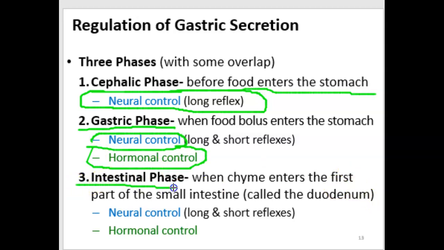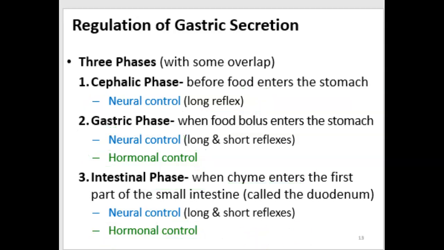Then in the intestinal phase, although gastric secretion continues for a little bit right after chyme enters the small intestine, eventually the stomach needs to be told to stop secreting gastric juice. There's nervous control during this period, as well as hormonal control that stops gastric secretions.